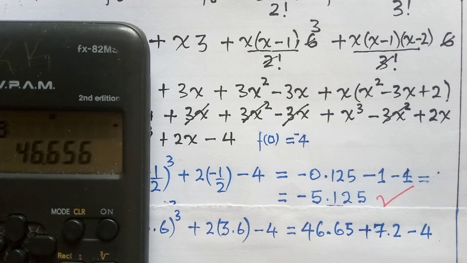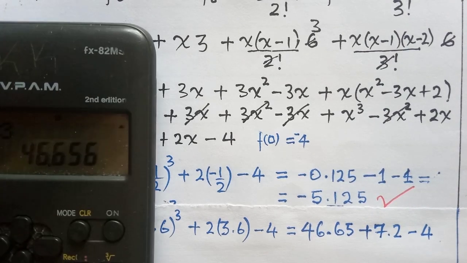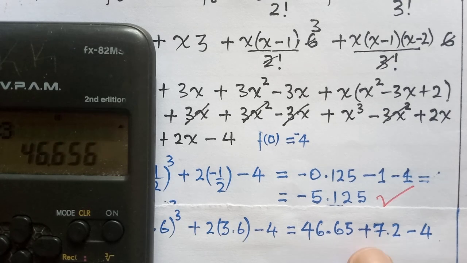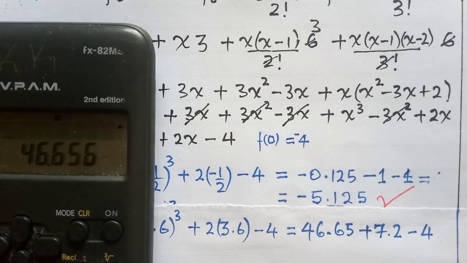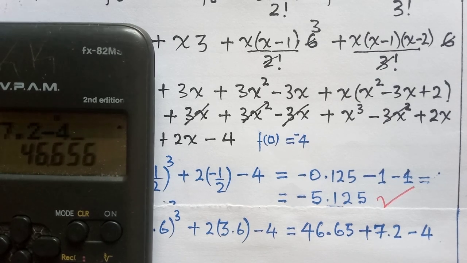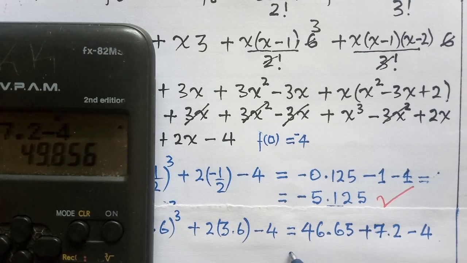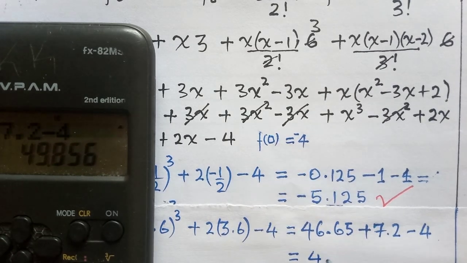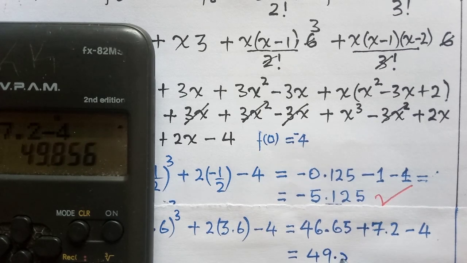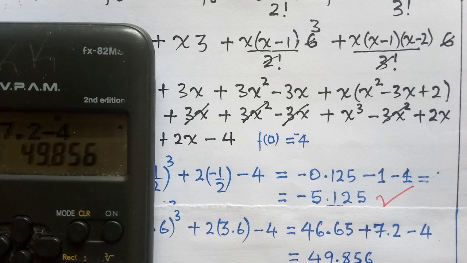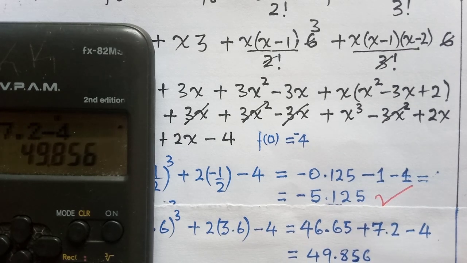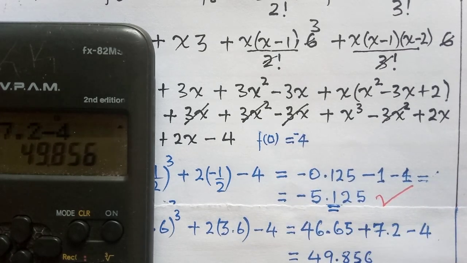So, guys, this is going to give us 46.65 plus 7.2 minus 4. That gives us 49.856, like that.